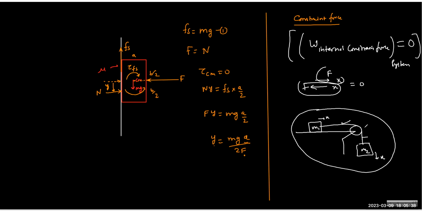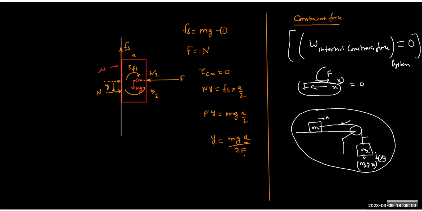The role of internal constant force is to transmit energy, or not transmit, to redistribute the energy. So what happens if M2 goes down by X? How much work will gravity do? M2 g into X is the work done by gravity. So what you need to realize is, gravity is doing work on which mass?